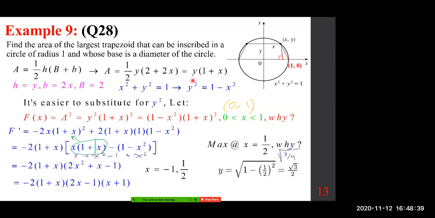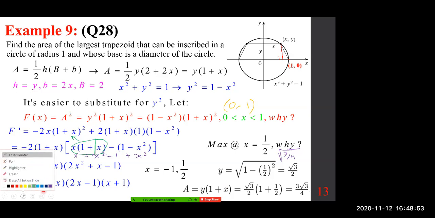So square root of 3/2 times 1 and 1/2 becomes 3/2. So we get, so this is 3/2, everybody, 3/2. So it's, let's just write it. That's how we get 3 square root of 3 over 4.